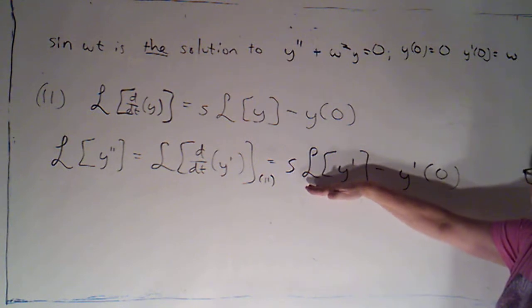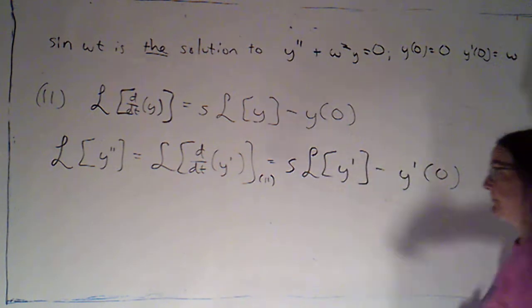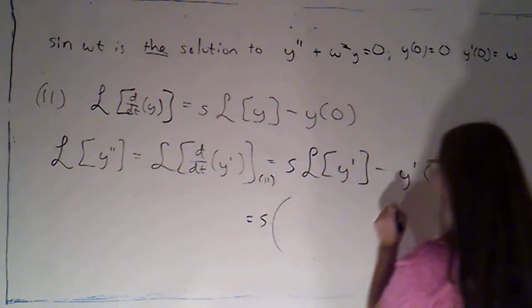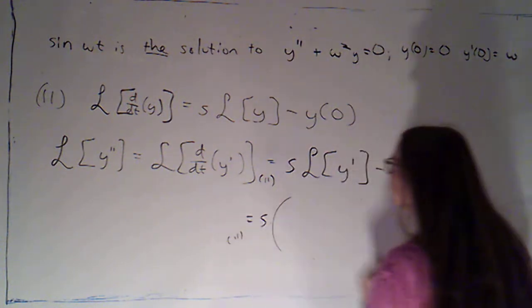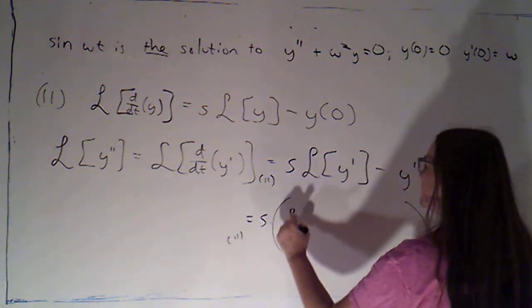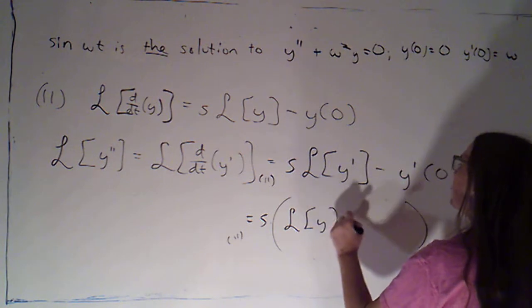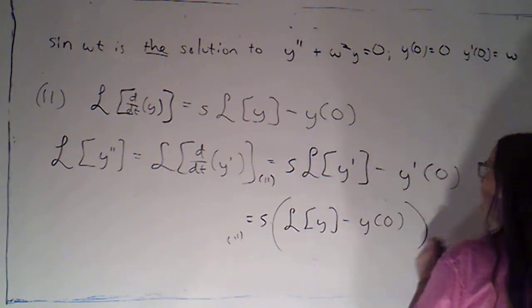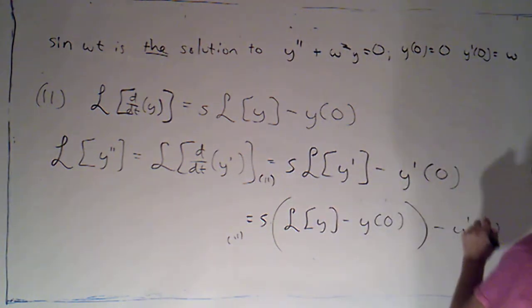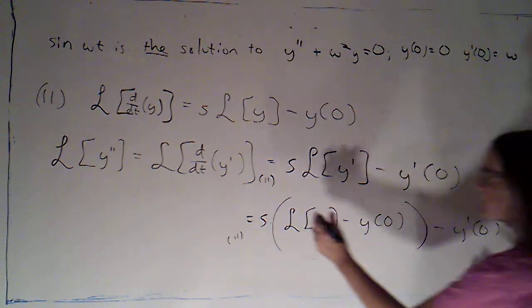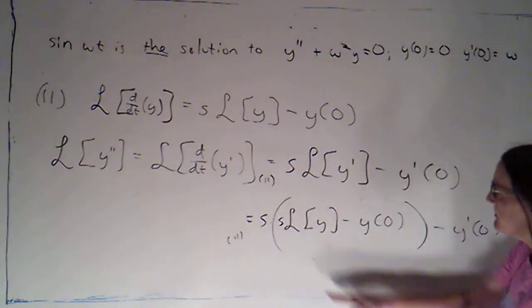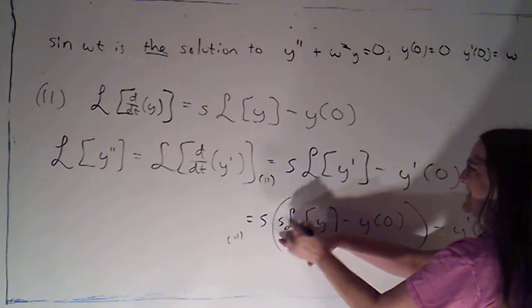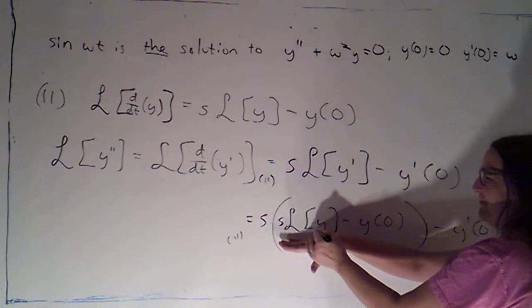But now I can use formula 11 again. So I can say this is going to be s copies of, by formula 11, the Laplace transform of y minus y of 0, and then I'm still subtracting the y prime of 0. Oops, dropped an s there, sorry. When I use formula 11 for this, I'm getting s copies of the Laplace transform of y.